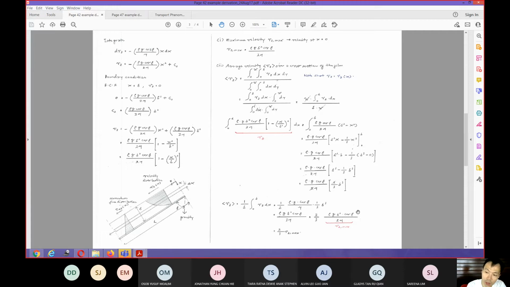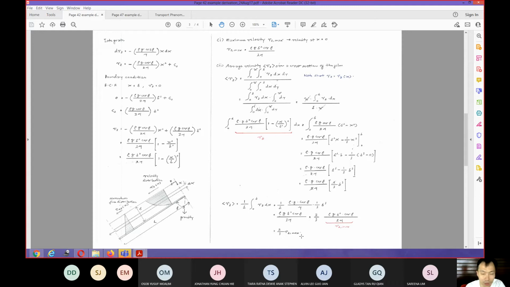Okay, and then we know that this particular term in here is equal to the maximum velocity. So the average velocity is equal to 2/3 of the maximum velocity. Okay.